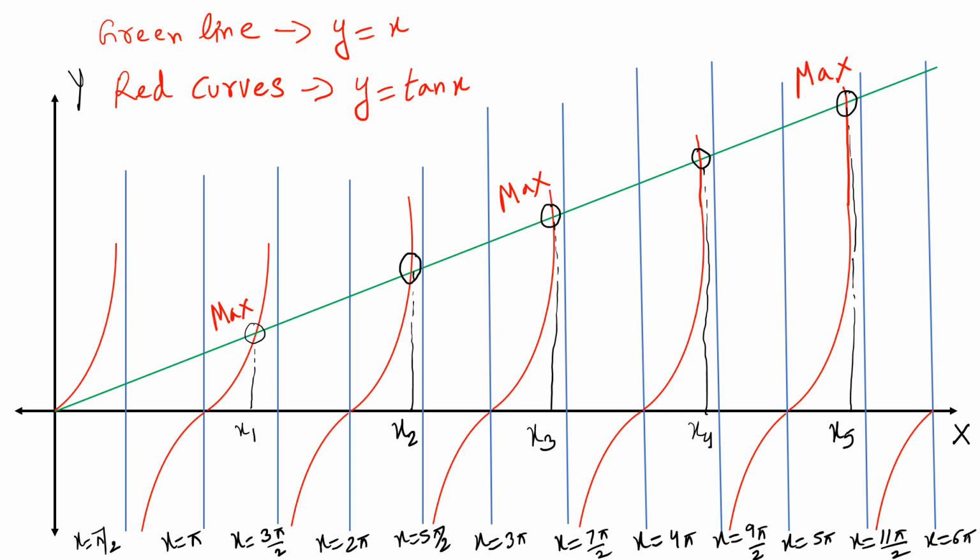And in the right neighborhood of x2 and x4, since tan x is greater than x, which means tan x minus x is positive, f dash x changes to positive sign. Now since there is a transition from negative to positive sign in the neighborhood of x2 and x4, so clearly they represent the points of local minima.